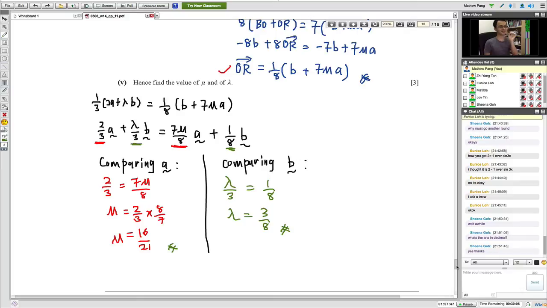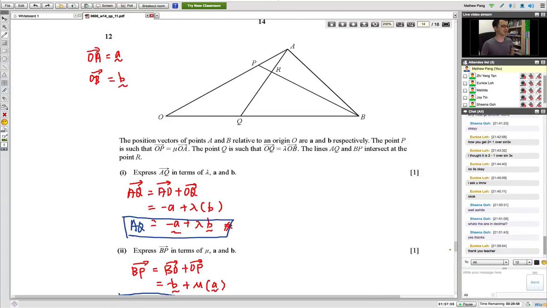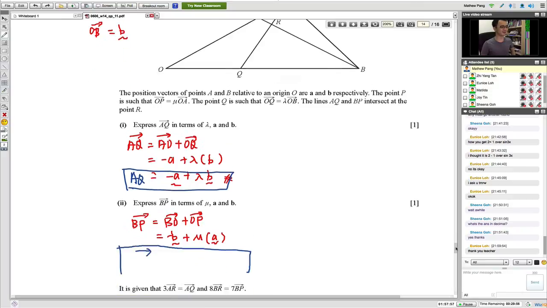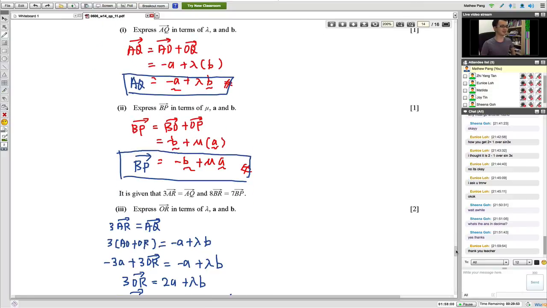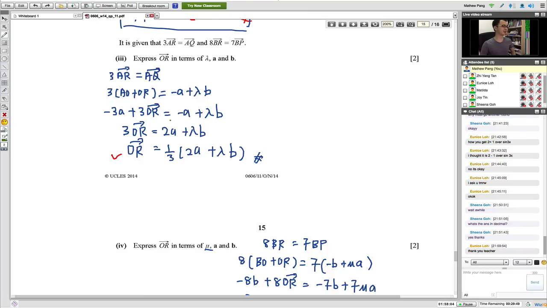This vector question I find it still okay. Not as hard as some other questions, because some other questions are quite hard. But this one you just need to understand the basics. Maybe here is a bit complicated, because if you do not know how to express OR from this equation, if you do not know you can take the OR from the AO plus OR, then it's a bit hard for you.